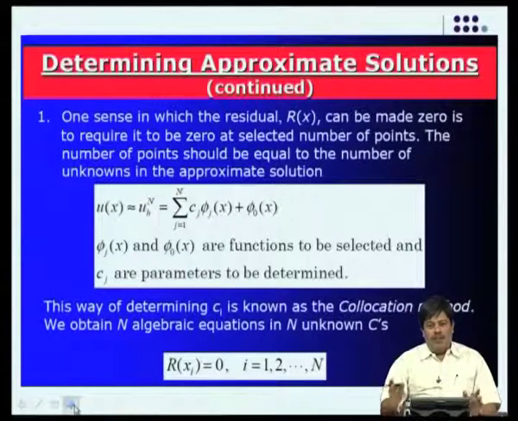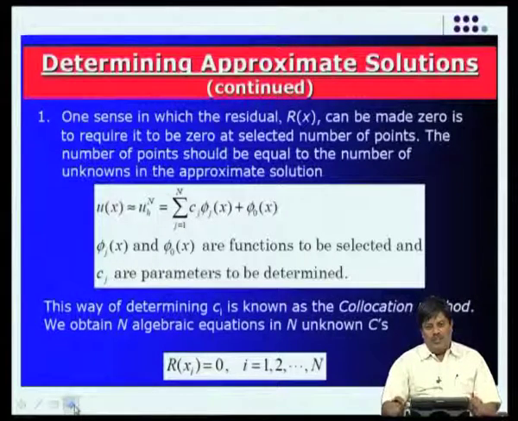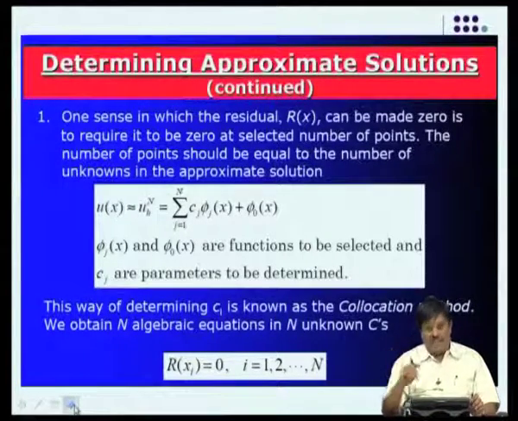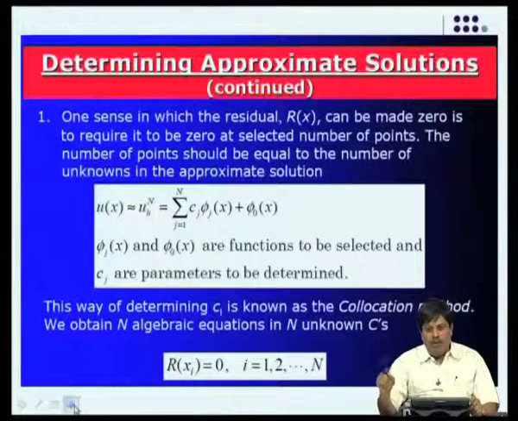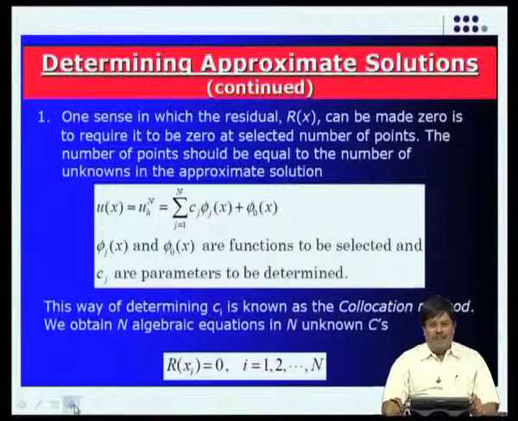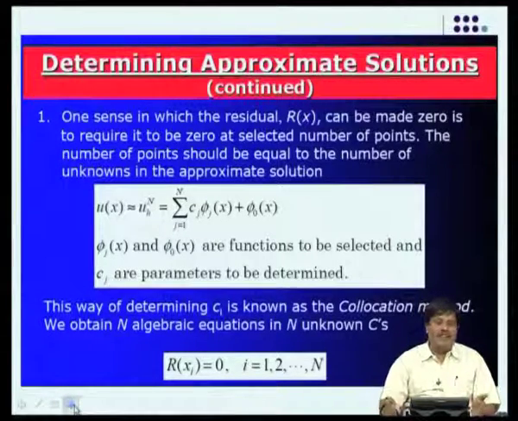So, now let us talk about how we determine the approximate solution. In one sense, we can take this residue, which is a function of all the Ci's, the unknown coefficients, and we can selectively choose a number of points and make it 0. So, we will get a set of simultaneous equations in terms of Ci which we can solve to find the solution.